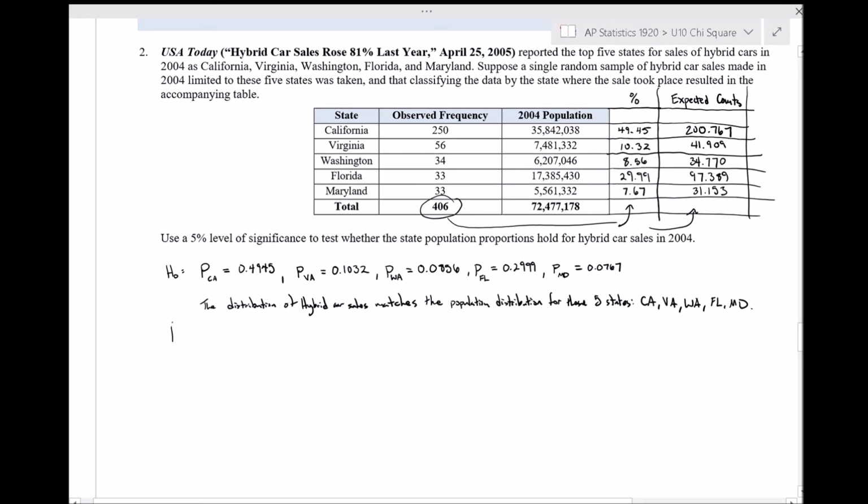HA, the alternative hypothesis. What I'm going to do is basically negate the qualitative statement, the statement that I gave up here.